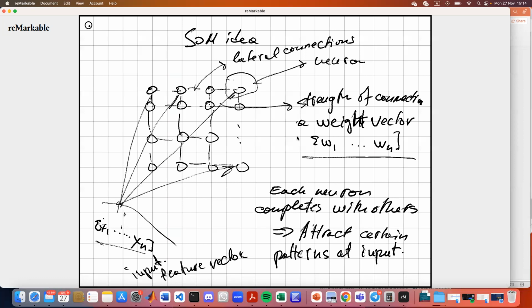So, saying this, it brings us to the main distinction of the self-organized map neural network from, for example, neural networks based on backpropagation. In backpropagation, we use an error-correcting learning approach, so we try to correct errors. Here we use competitive learning.